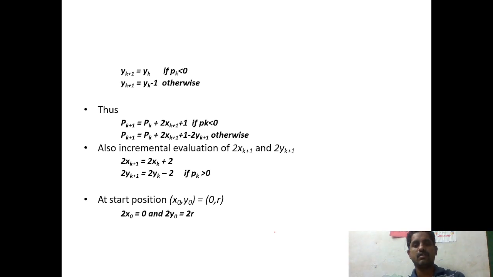We also increment the values of 2xk plus 1 and 2yk plus 1: 2xk plus 1 equal to 2xk plus 2, and 2yk plus 1 equal to 2yk minus 2 if p is greater than 0. At the starting position x naught comma y naught, we can take 0 comma r, so 2x0 equal to 0 and 2y0 equal to 2r. Based upon these equations, we can calculate the values.